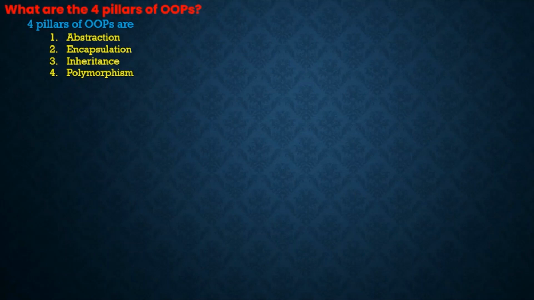Now, what do you mean by abstraction? Abstraction means hiding the details. In Java, whenever we are trying to hide something, we can make use of abstraction. That is the layman term I have explained.